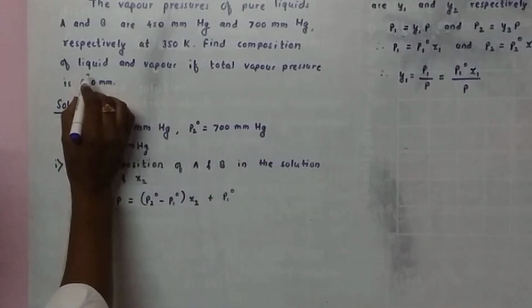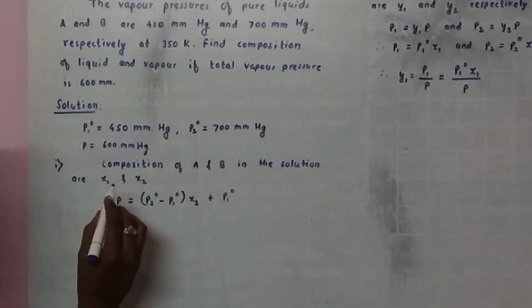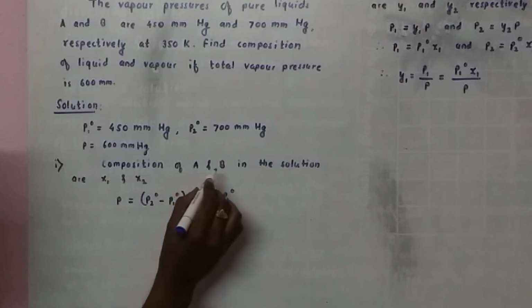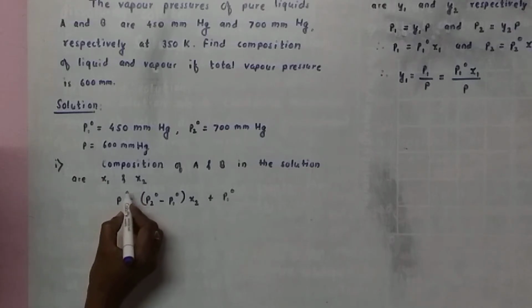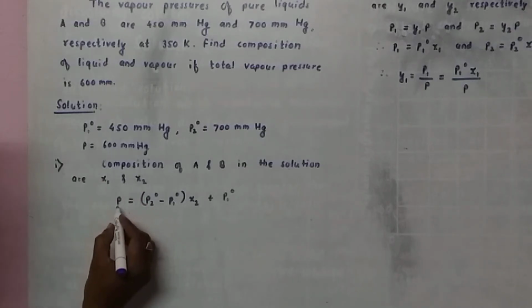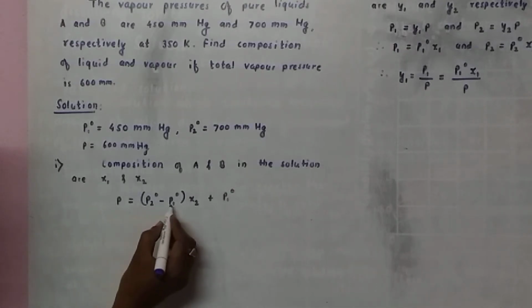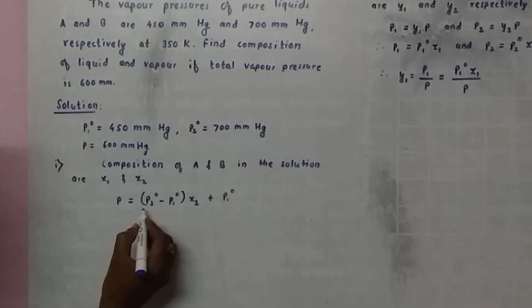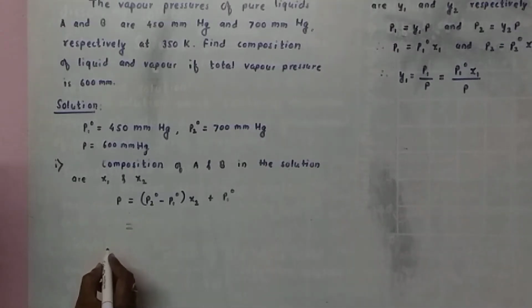At first we have to find out the composition of the liquid. The compositions of A and B in the solution are x1 and x2. We know that from Raoult's law, P equal to (P2⁰ minus P1⁰) x2 plus P1⁰. So put here the values from the given data.